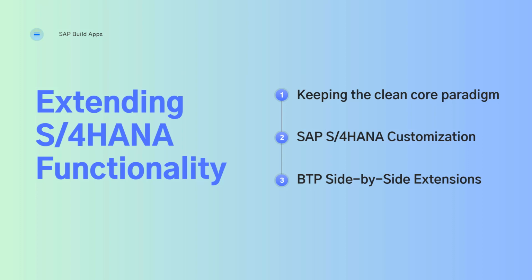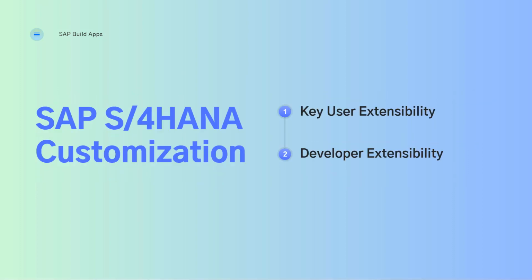Now, in terms of extending the S4HANA functionality, let's take a look at these two approaches, which is the SAP S4HANA customization and side-by-side extension on the BTP platform. Let's take a look at the key user extensibility. Now, this is basically a subset of tools that enables the business to extend their data model, business logic, UI of the SAP S4HANA system.